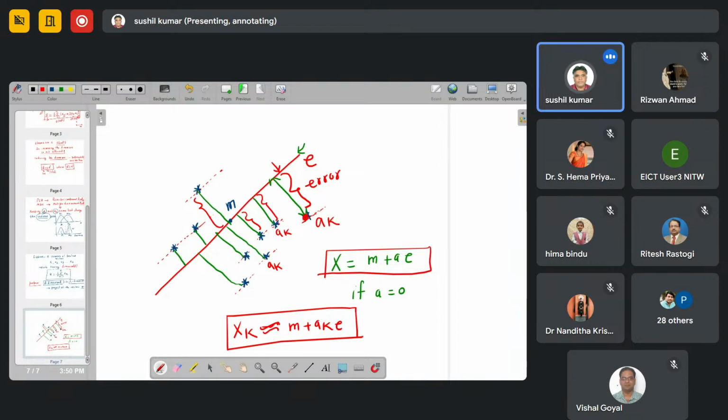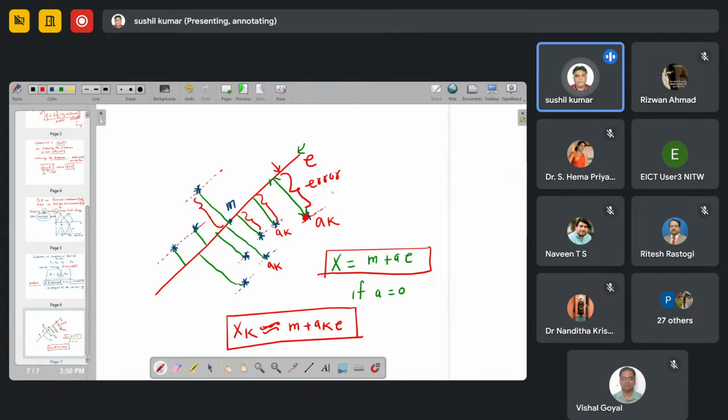Anyone from a mathematics background can answer this question: what will be the error in this case? The error in this case is this, directly.